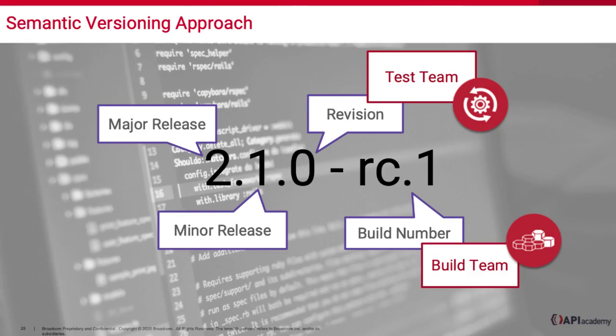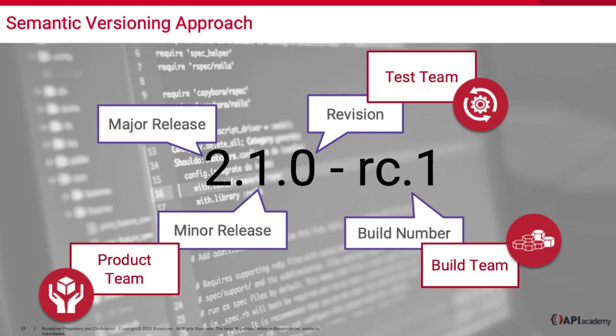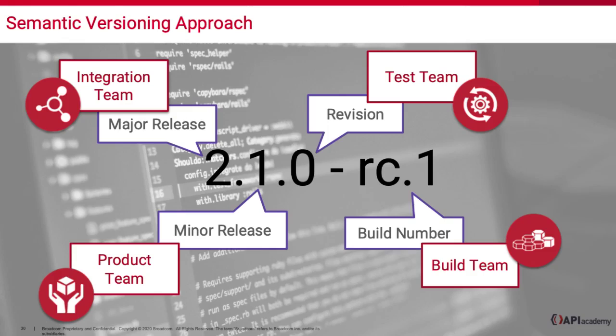The revision is relevant to the test team, as they need to know about any new versions of features they are testing. The minor release number is relevant to the overall product team because they need to provide packaging around the minor release. The major release number is relevant to the integration team because they need to know how it works with the other components of the solution.